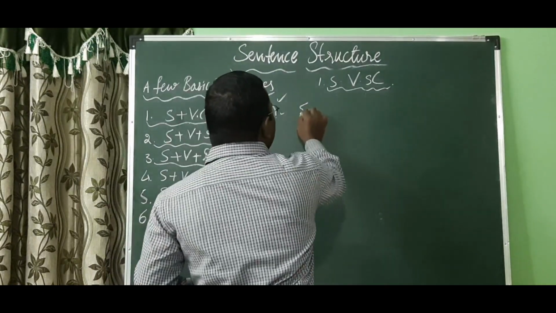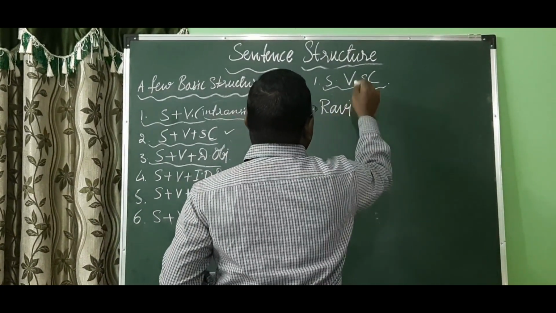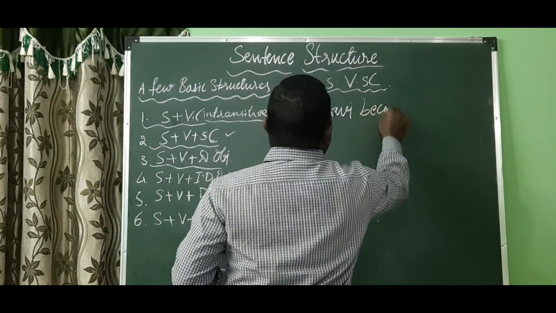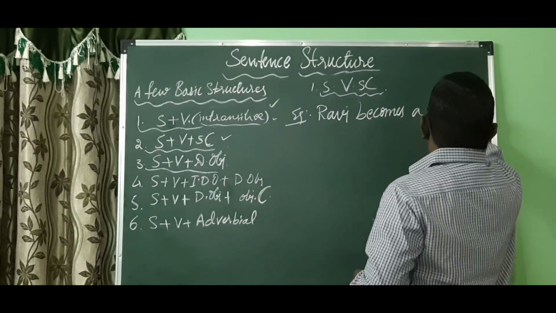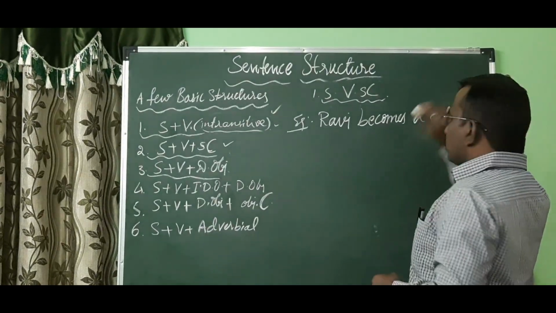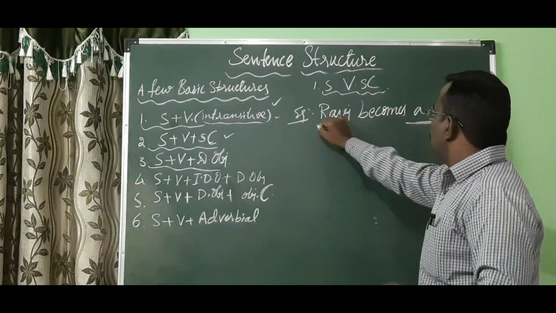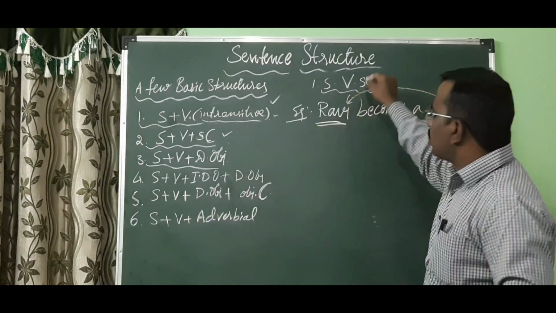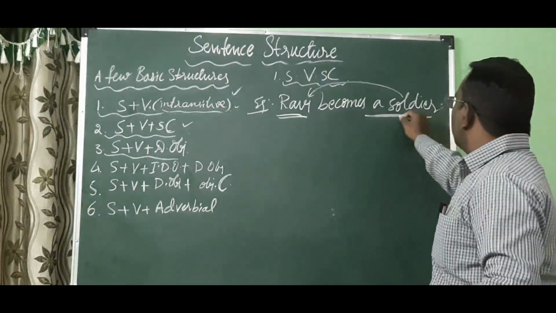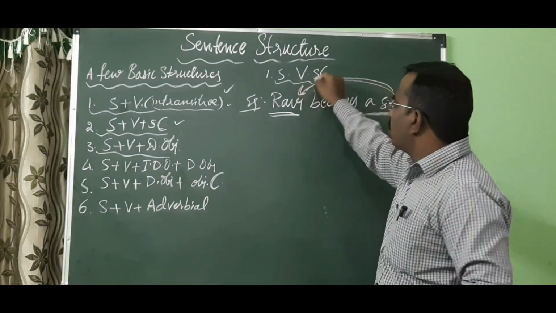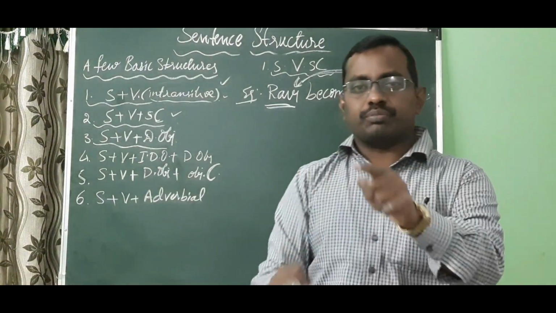For example, Ravi becomes a soldier. Who is Ravi? A soldier. It gives information about the subject. A noun gives information about the subject and completes its meaning.